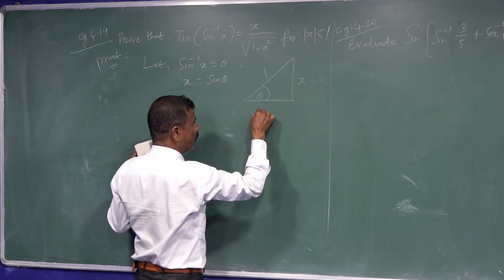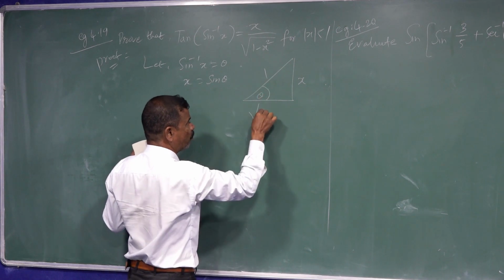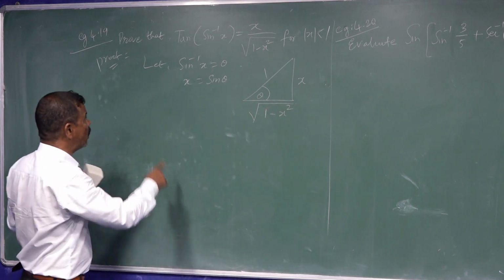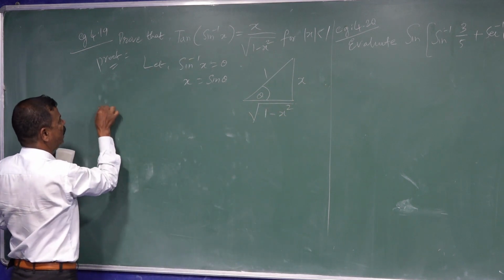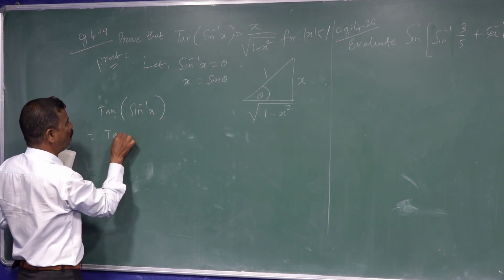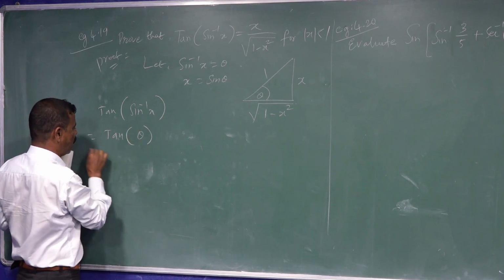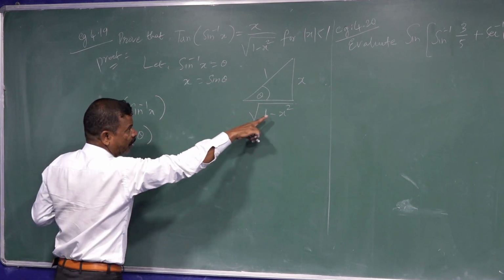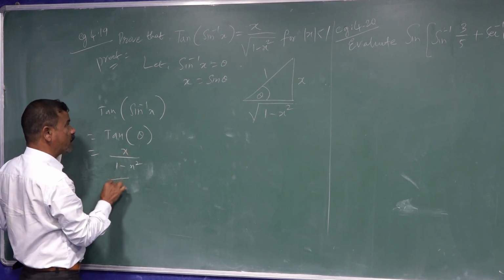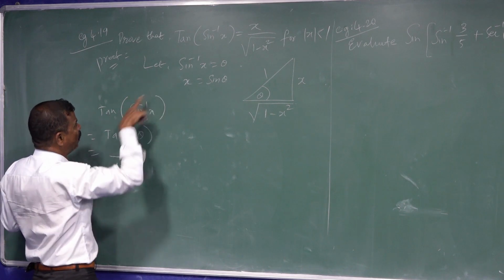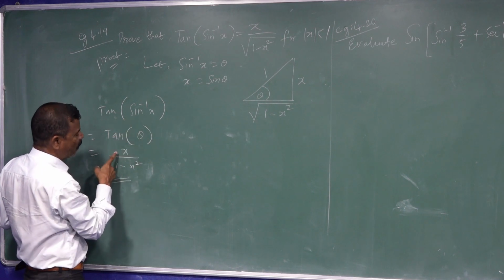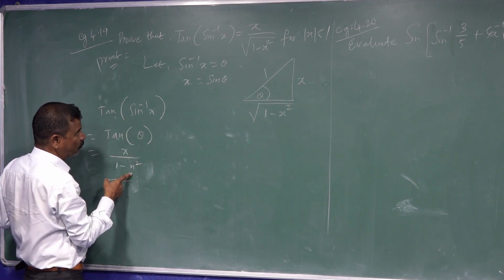The adjacent is the under root of 1 square minus x square, so 1 minus x square comes. So consider this value, tan of sine inverse x. It is equal to tan theta. Tan theta value is opposite by adjacent, x by under root of 1 minus x square. So this is the right side, and the left side is tan of sine inverse x, which is equal to x by under root of 1 minus x square.